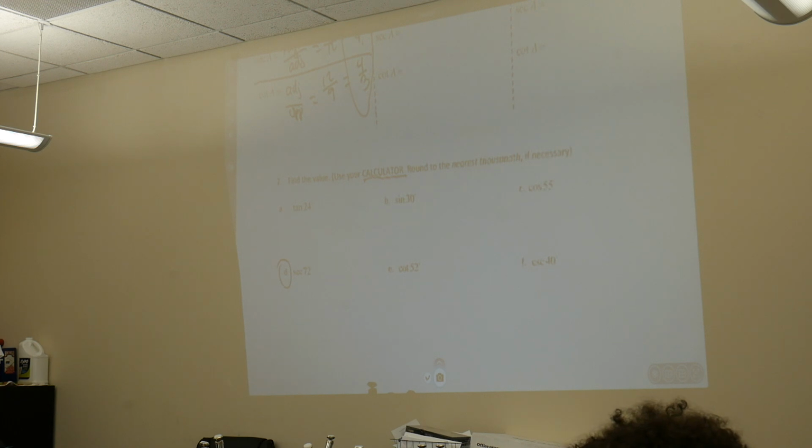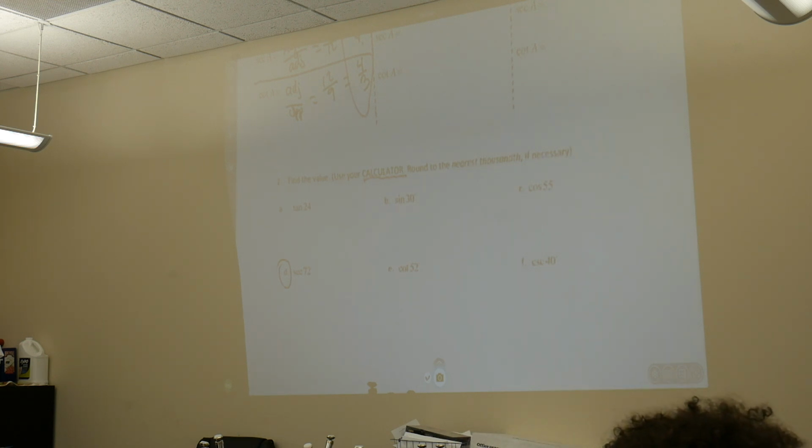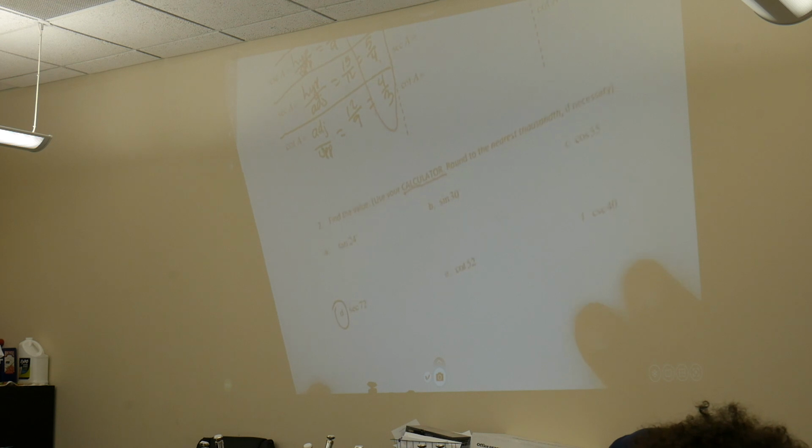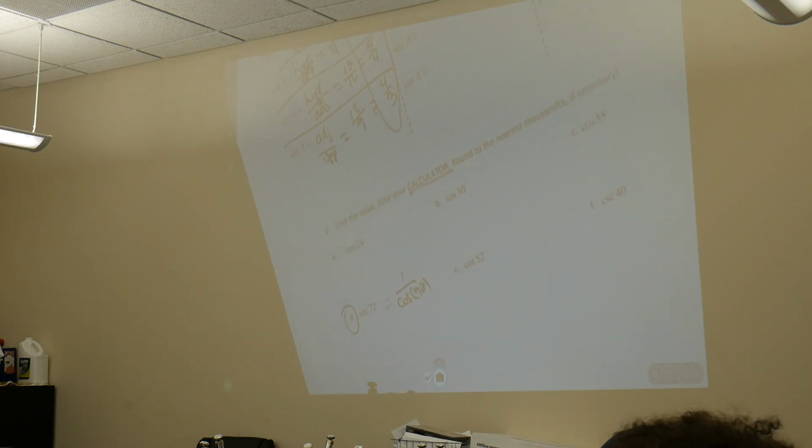Page 55 has those relationships that we talked about yesterday, right? So which of those 3, sine, cosine, or tangent, does secant relate to? Cosine. So we said secant is 1 over cosine, right? So if I'm given secant of 72 degrees, then I know that equals 1 over the cosine value at 72 degrees.